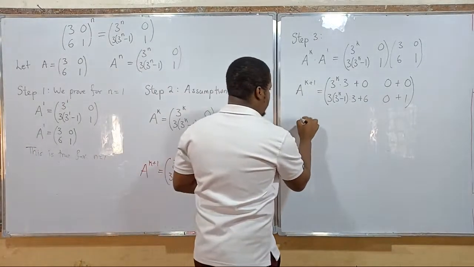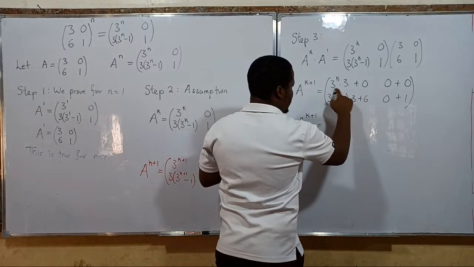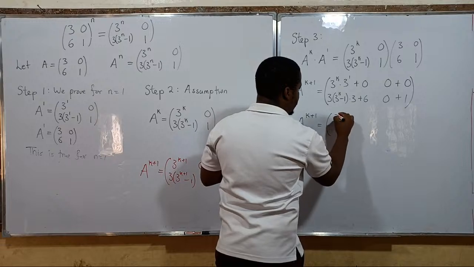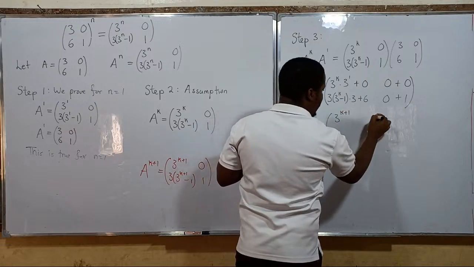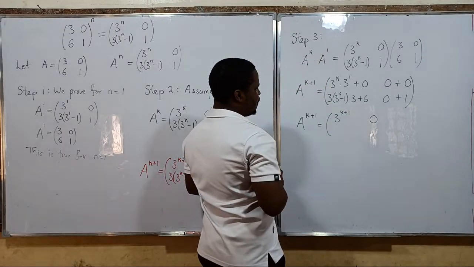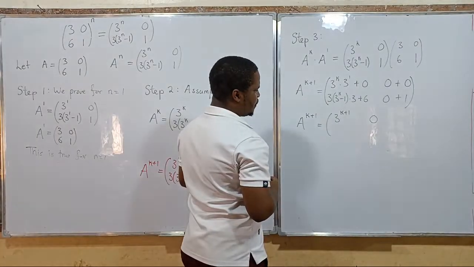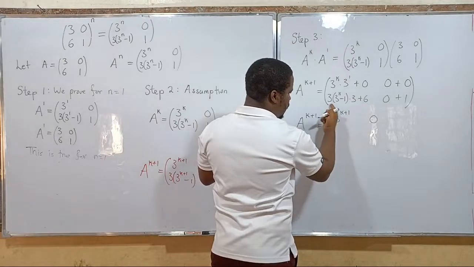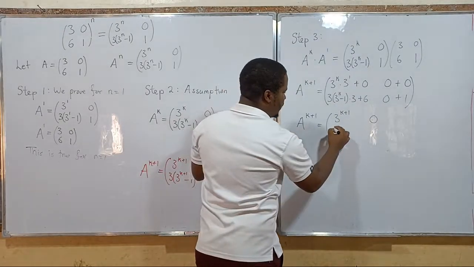So A to the power k plus 1 is equal to, this part will have 3 to the k plus 1. This side we have a 0. So now here, let's factor out what is common. What is common in this case? 3, isn't it? So we can say 3 is common.